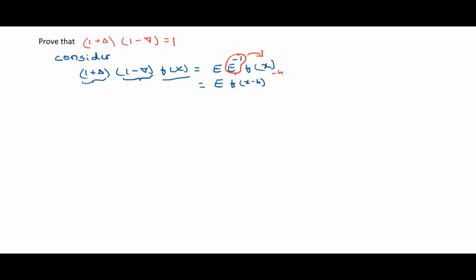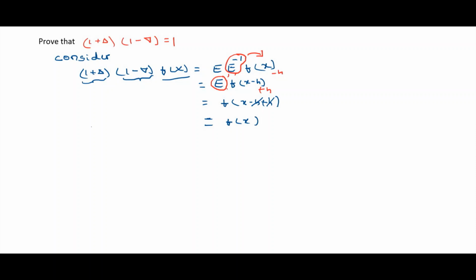Now again, eliminate this E, here the power of E is equal to 1. So to eliminate this E, we have to add here plus h, and you will get f of x minus h and plus h. So here plus h and minus h get cancelled. We are left with only f of x.